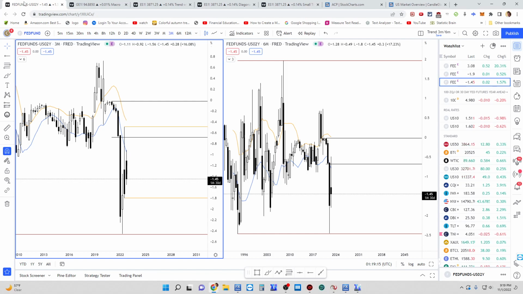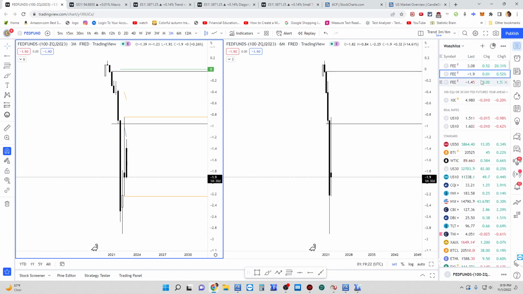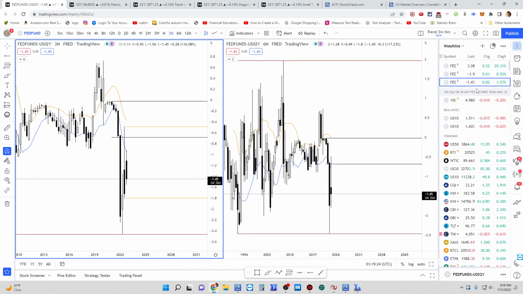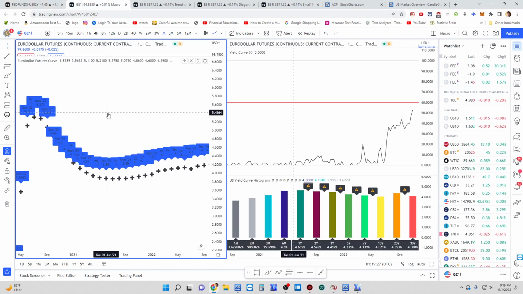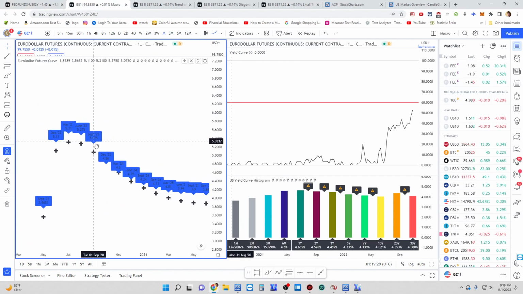When you take the Fed funds rate, the 2 year, the 30-day forward yield, and the Eurodollar futures, that's 3 points saying we still have a couple more left.